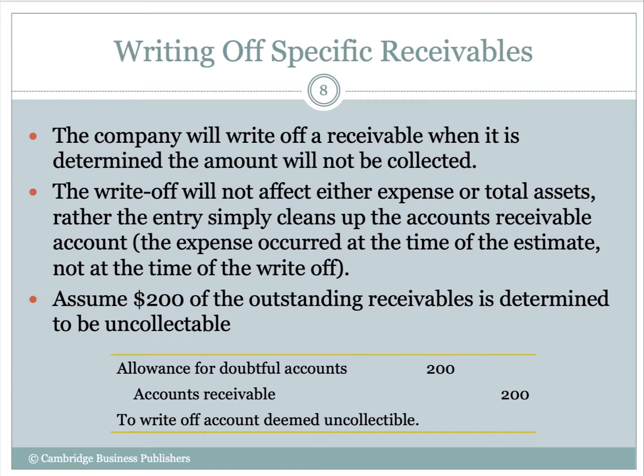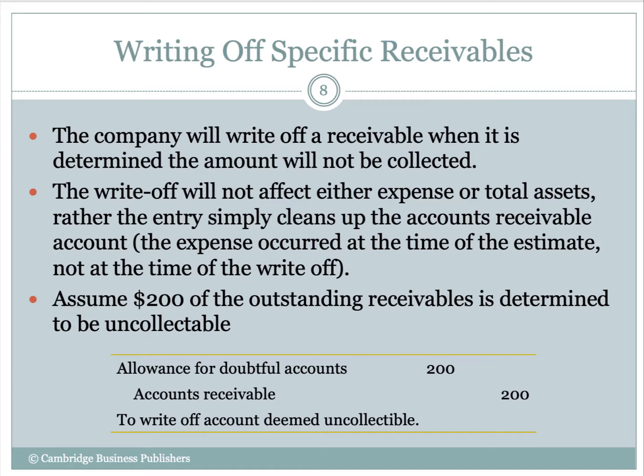So let's assume for a moment that $200 of outstanding receivable is determined to be uncollectible. This person went out of business, they're not paying us. What's the journal entry? Remember, we're not recognizing an expense here. We are cleaning up the accounts receivable account. So we are going to debit allowance for doubtful accounts, and we're going to credit accounts receivable.